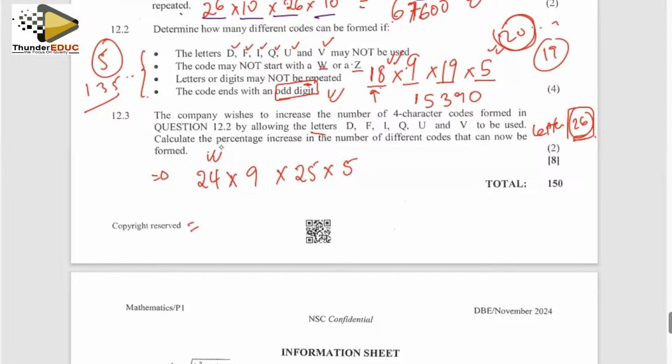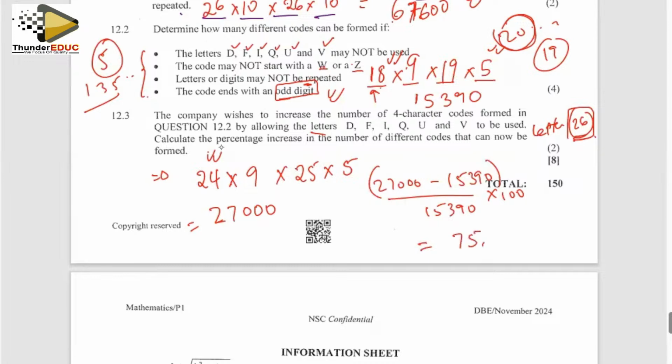What are we getting? 27,000. Now, for me to get the percentage increase, it will be now the 27,000 minus the 15,390 over the 15,390 times 100%. Okay, so when I punch that into my calculator, I'll get 75.44%. So this will be the increment that we shall have.